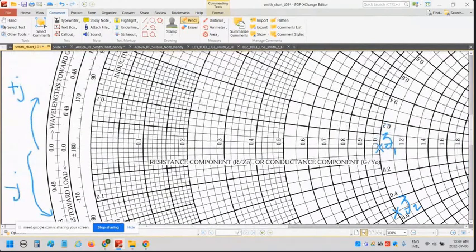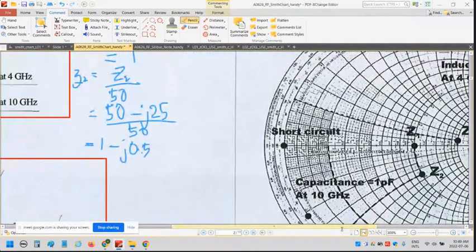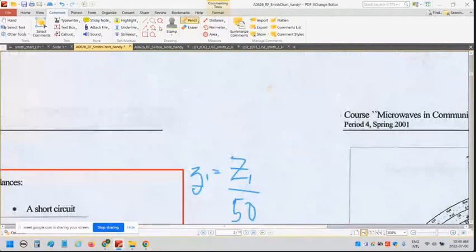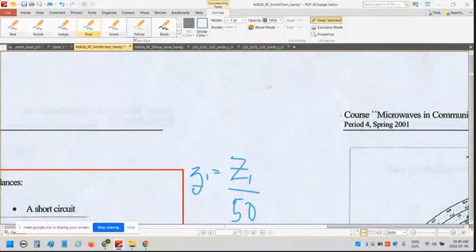Keep in mind that this is related to the characteristics of inductor and capacitor. If you have a capacitance, the impedance ZC is 1 over j omega c.